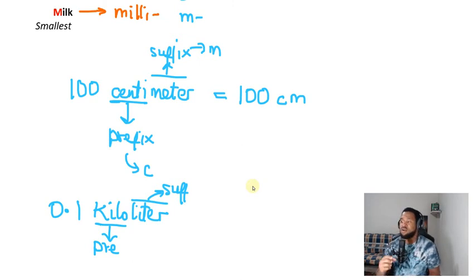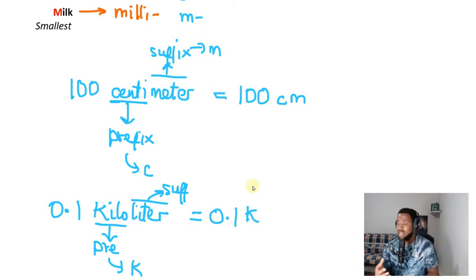So therefore, we can then shorten our 0.1. In this particular case, our prefix is k, and the next one is our suffix, liters, represented as L, which is capital letter L. So this is the short form, and this is the worded form right here.